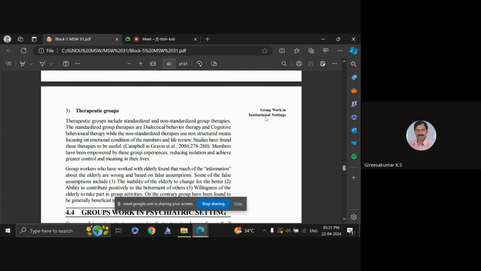The group workers who have worked with the elderly found that much of the information about the elderly was wrong and based on false assumptions. Some of the assumptions include the inability of the elderly to change for the better.